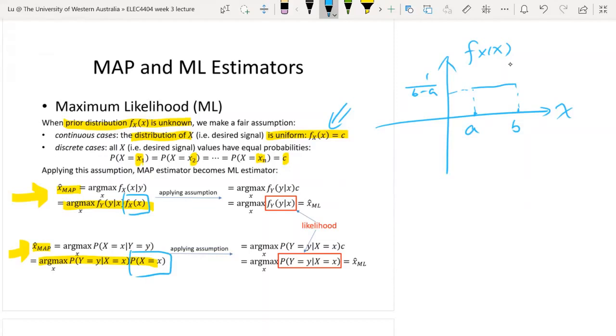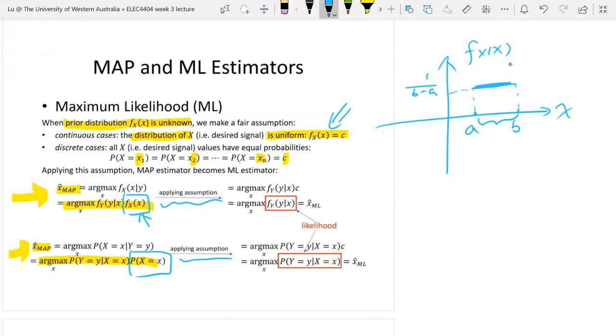In this case, they are unknown. But because of the assumptions we made, this f_X(x), the prior distribution, is following the uniform distribution regarding the x. And this f_X(x) within the AB region is a constant.